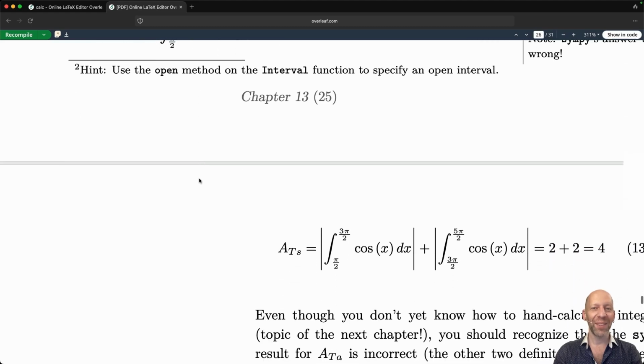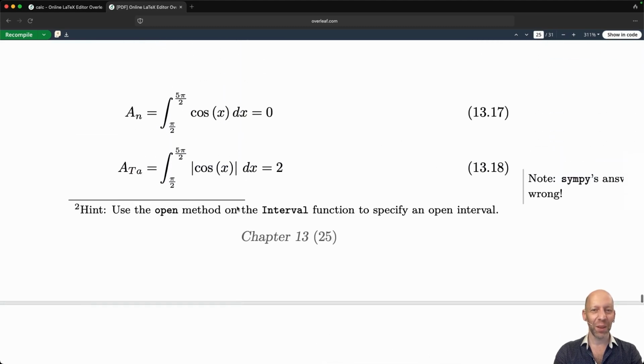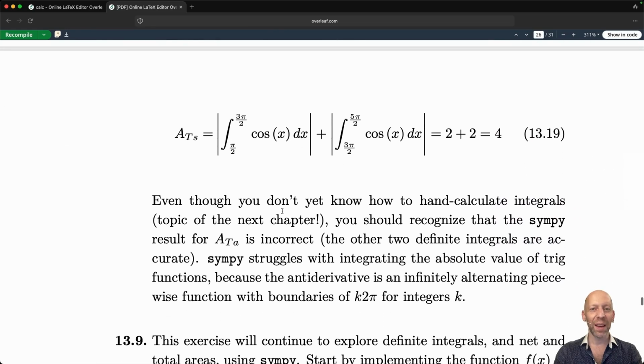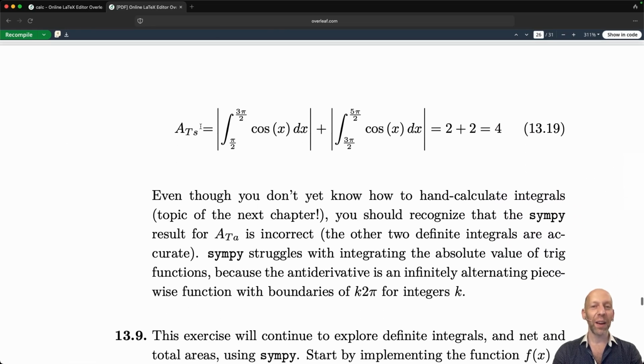And then here, unfortunately, this ended up splitting across two different pages. But basically, this is the other way of calculating total area, not as the absolute value of the function, but splitting up the integral and then taking the absolute value of the mini integrations within each segment of the function where the sign is constant.